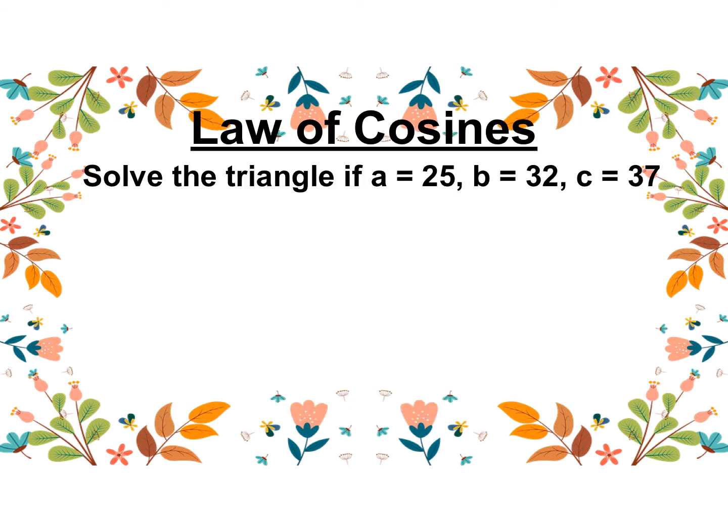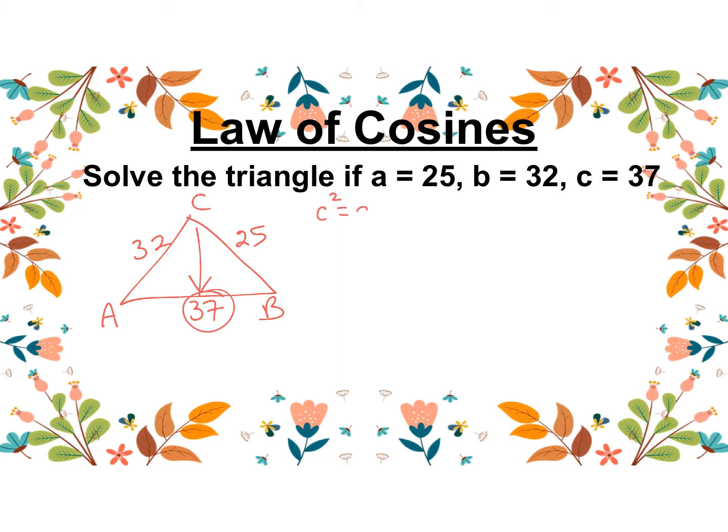We have this triangle. All of those are lowercase. I'm going to just continue to draw it in the same order. So A, B, C. A is 25, B is 32, and C is 37. I see C is the largest, so I'm going to start with that one. And so that means I'm going to start with the letters.